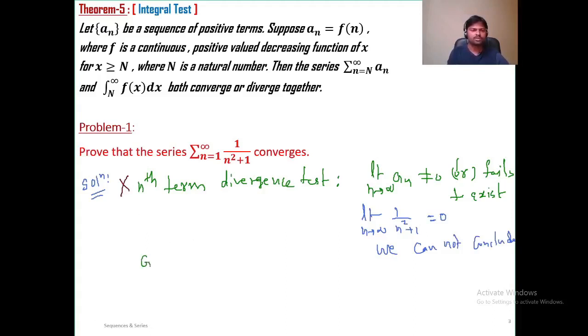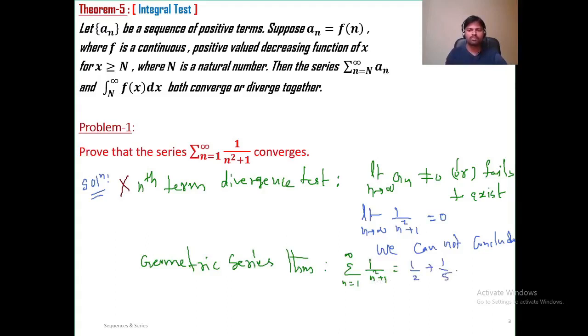Next we have seen the geometric series theorem. Let me look at it. The terms of 1 upon n squared plus 1: the first term is 1 upon 2, the second term, substituting n as 2, is 1 upon 5, the third term is 1 upon 10, the fourth term is 1 upon 17, and so on. The first term is 1 by 2, but is it a geometric series?